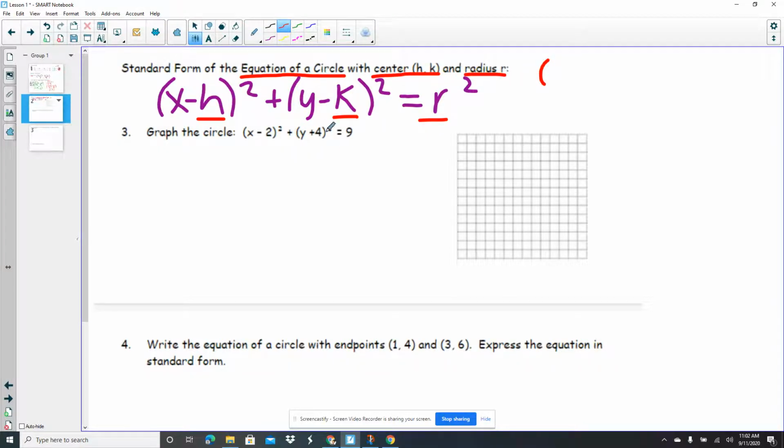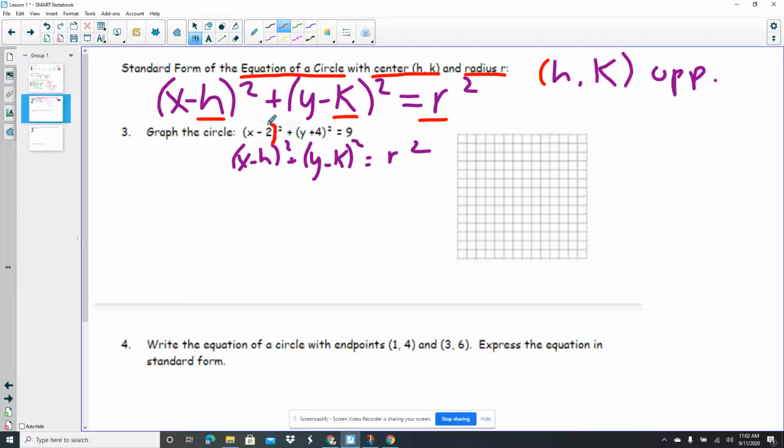One thing you want to know about identifying the center when it is in standard form is you always consider the signs opposite. So if this is x minus h, the center is h, and y minus k would just be k. So opposite signs. Whatever they appear to be in the equation, they're opposite. So in this example, if we want to line up (x minus h) squared plus (y minus k) squared equals r squared, we can see that the h is just a 2. Although when you look at it quick, it looks like a minus 2, so I just caution you there.